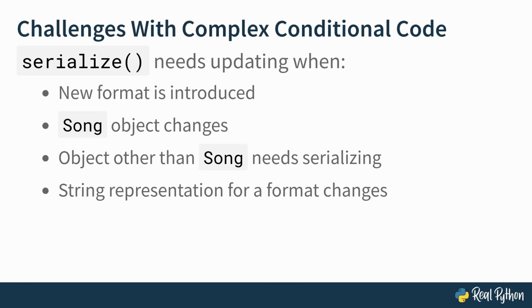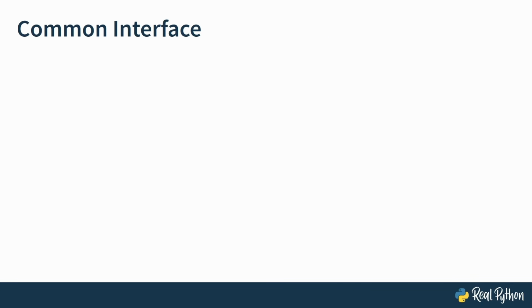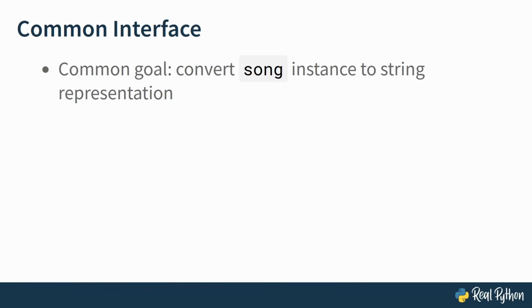And you might consider a factory method design pattern for that. Now, to do that, the first thing you need is a common interface. Because remember, to apply the factory method pattern, you'll need a common interface. Now, do we have one? Well, we have a common goal, so that's a good start, because we want to convert a song instance into a string representation.